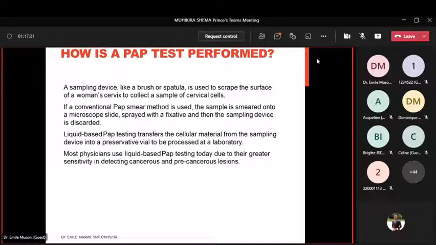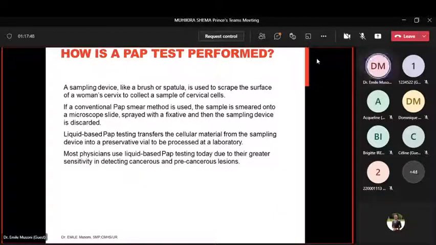First of all, you must have a sampling device like a brush or spatula. This is to scrape the surface of the cervix to collect a sample. For collecting the sample, you have to use a spatula. And you determine if you are going to use conventional pap smear or liquid-based pap smear.